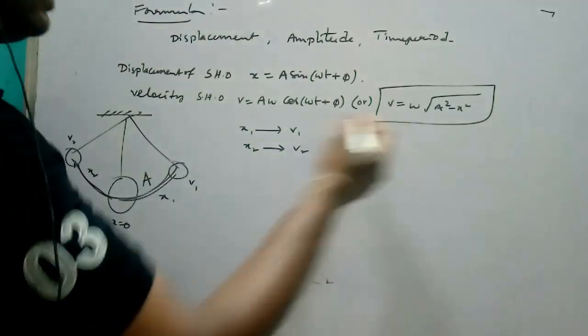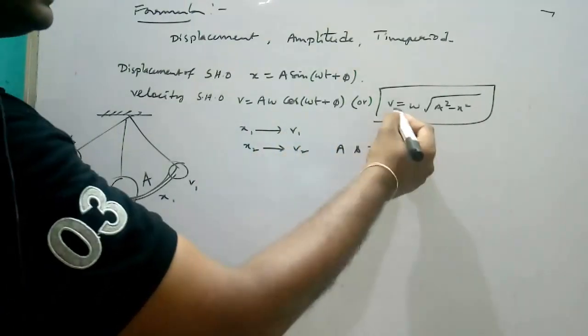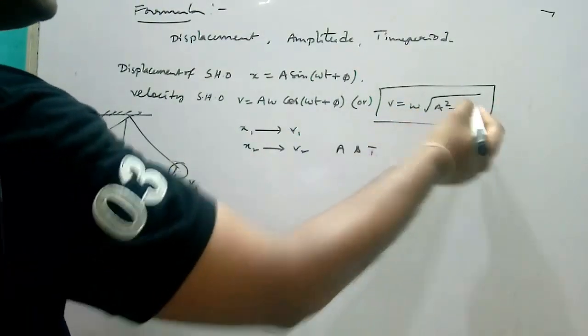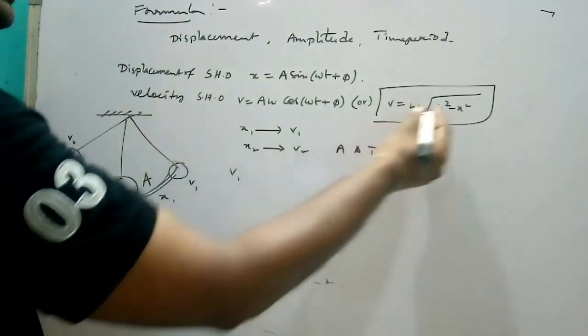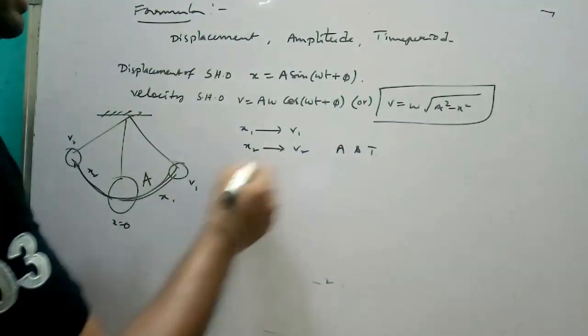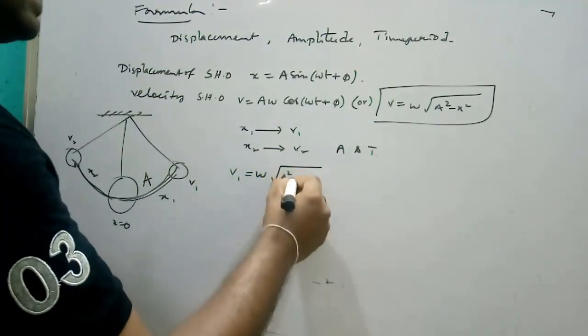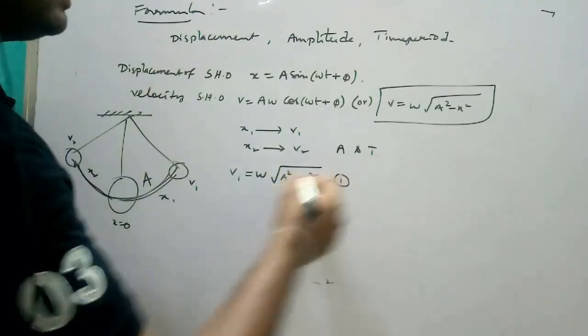Okay, already we know the relation between v and x, it is this one. So from this equation we write the velocity of the oscillator at displacement x1, that is v1 equal to omega into under root of a square minus x1 square. That is equation 1.